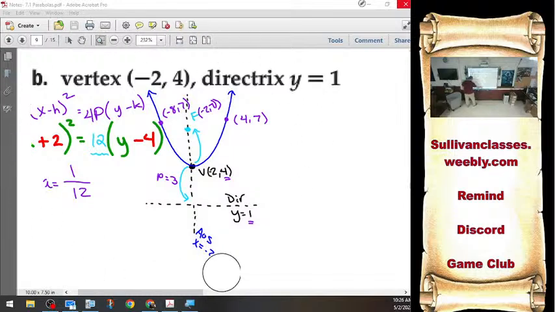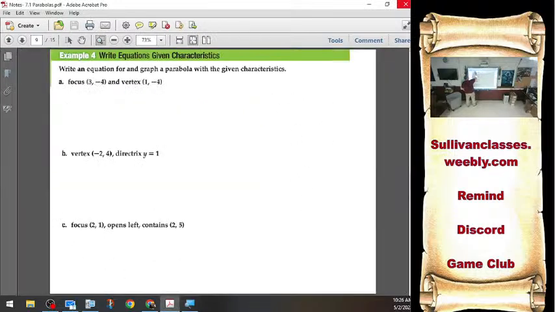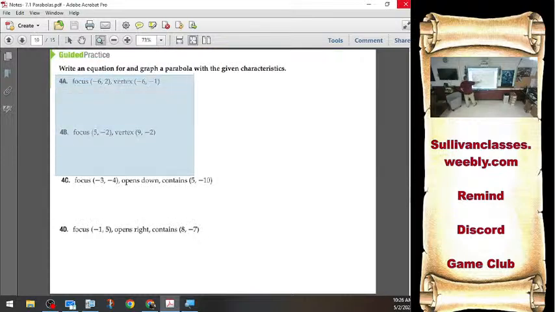Before moving on to example C, because it's a completely different animal, I want you to do 4A, 4B.